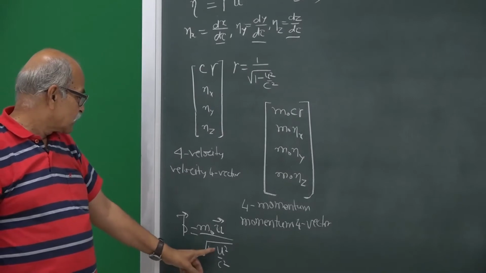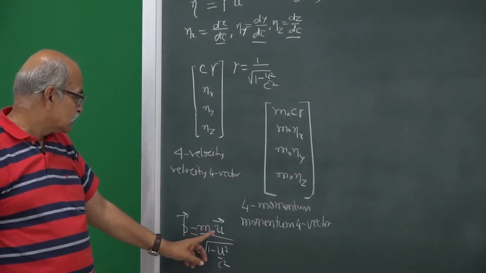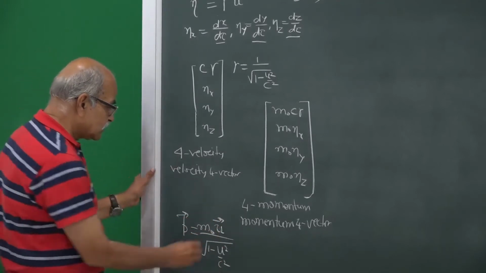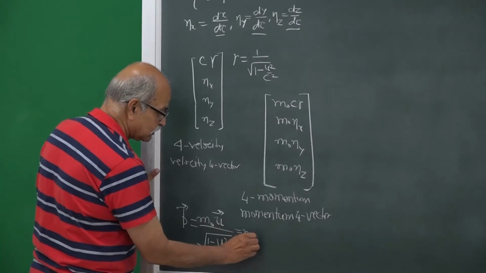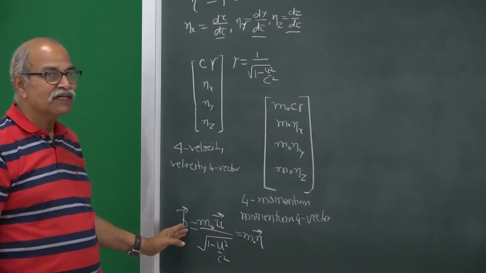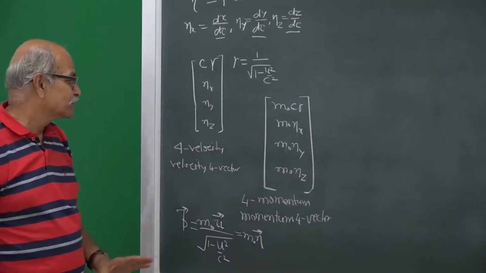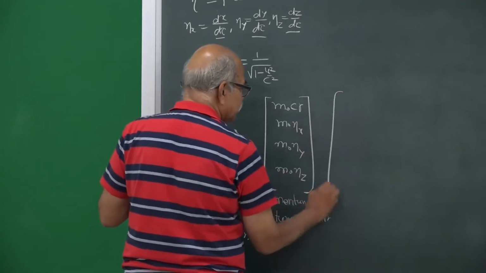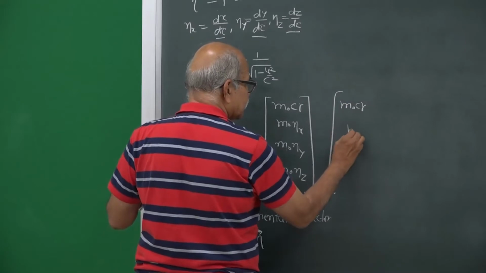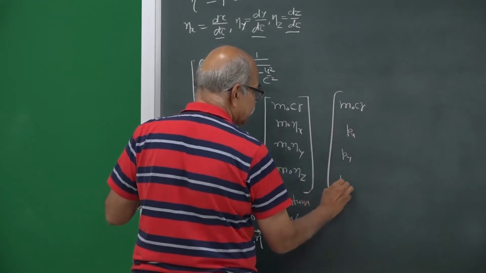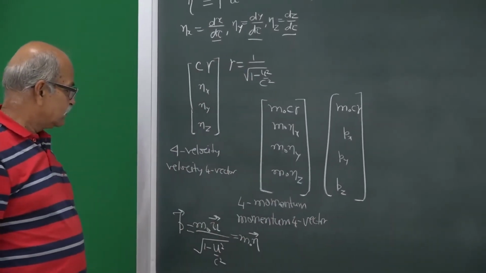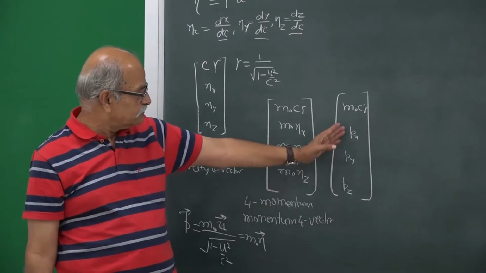So, this is m naught times gamma times this velocity, and this is your eta. So, this is m naught times eta, and hence these are components of linear momentum in x, y, z direction. So, this is your m naught c gamma here, and then px, py and pz here.